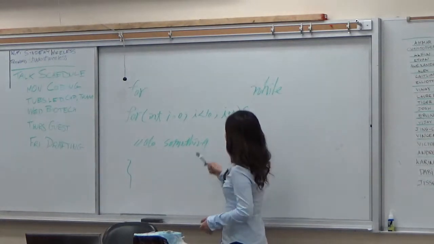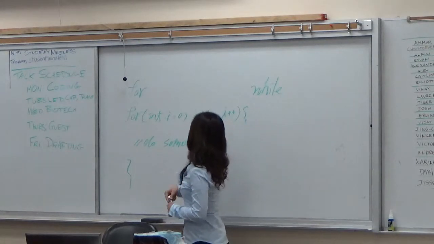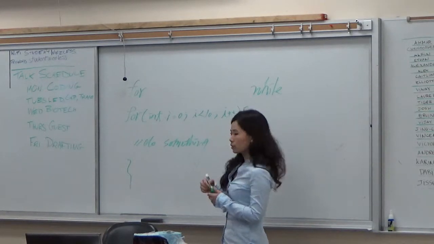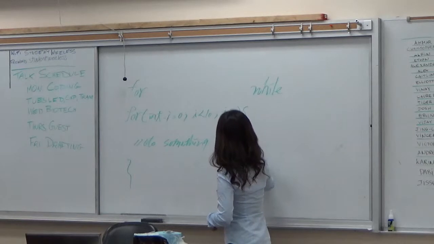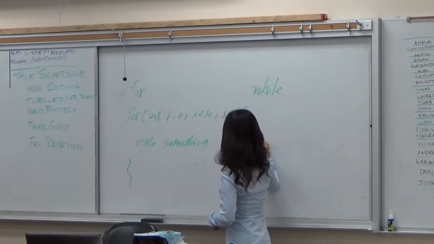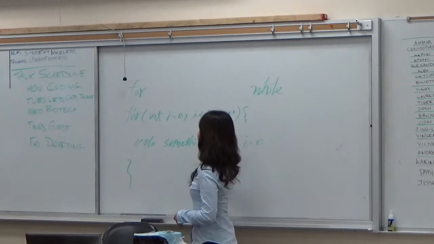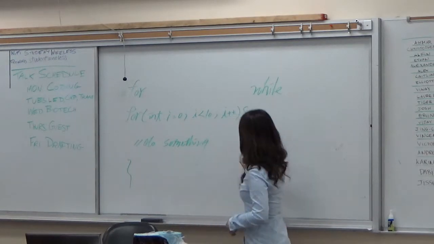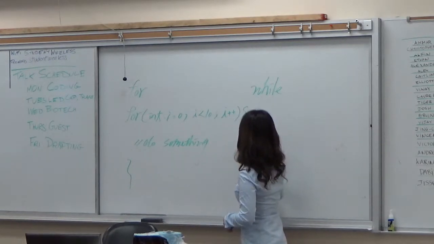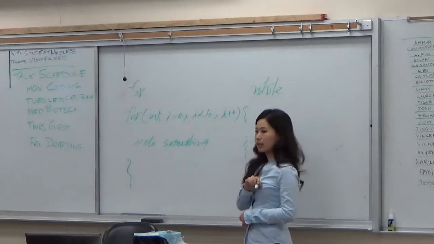For the first iteration, the value of i is 0, and after it does all the things I specified here, the value of i will increase by 1.